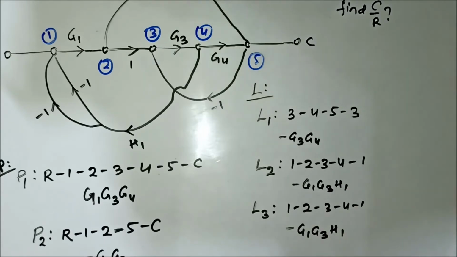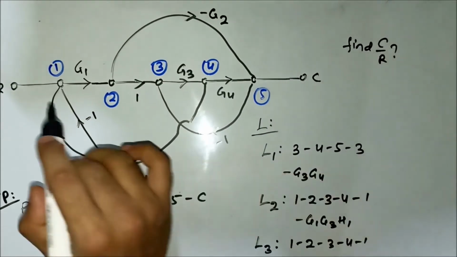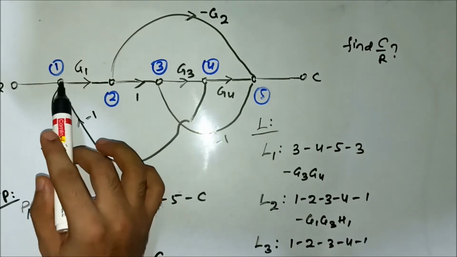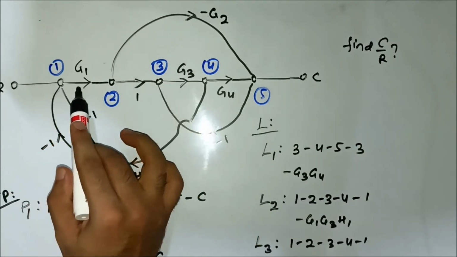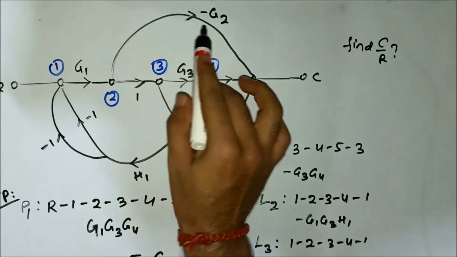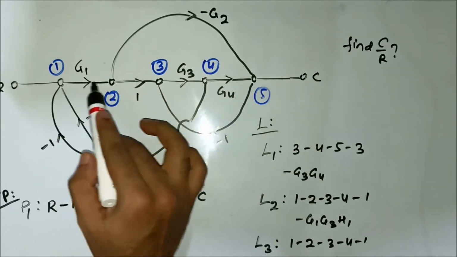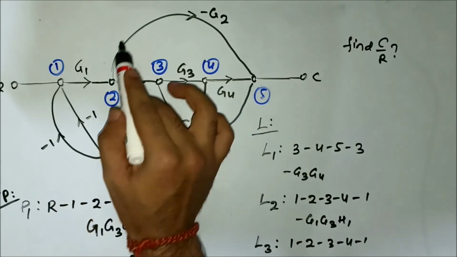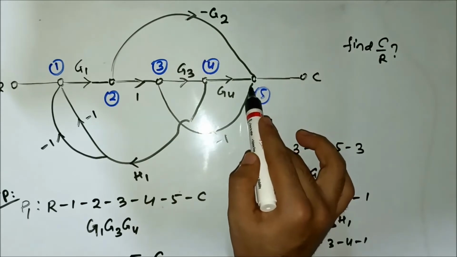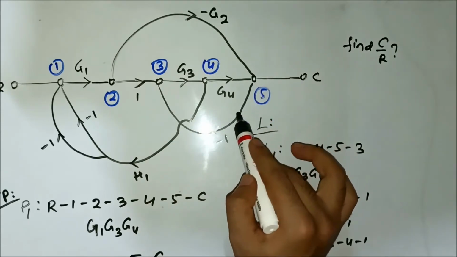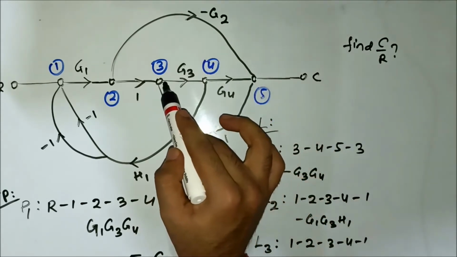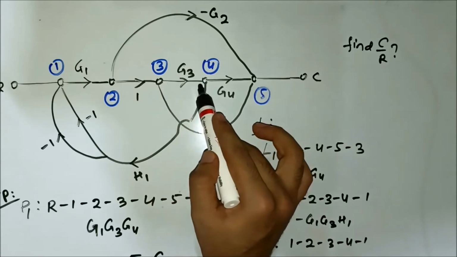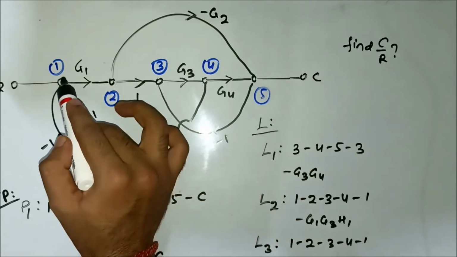Next, the fourth loop. Again please watch this very carefully. 1 to 2, then from 2 to 5, then from 5 to 3, then from 3 to 4, then from 4 to 1.